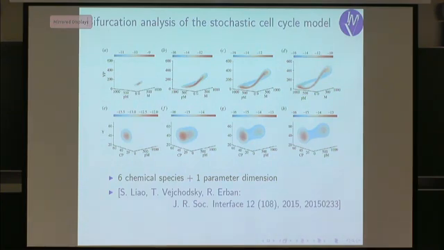And if we marginalize in a different way, we can see unimodal for one value of the parameter and bimodal for the second value. So you can do bifurcation analysis, for example, with this tool. All these things are done in our paper that was published last year.